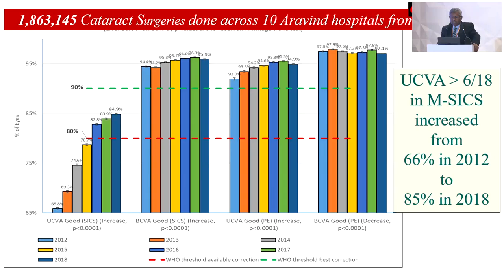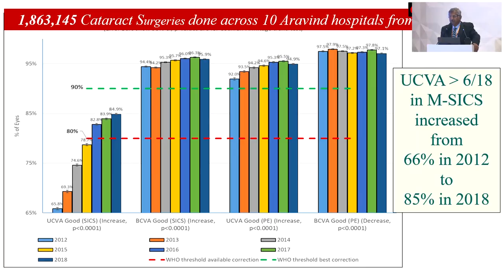Then we also look at the uncorrected visual acuity. The uncorrected visual acuity in manual small incision surgery, of uncorrected vision of 6/18 or better, improved from 66% to 85%. A lot of that is because of the way they change the incision, but also the way the refractionists do the refraction.